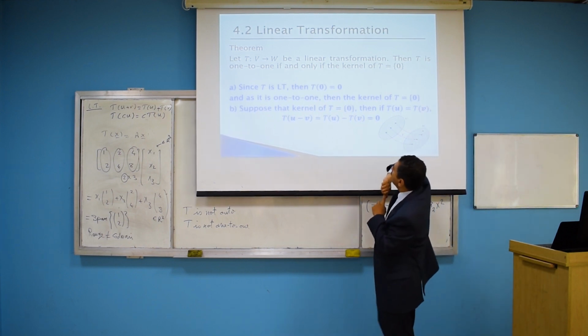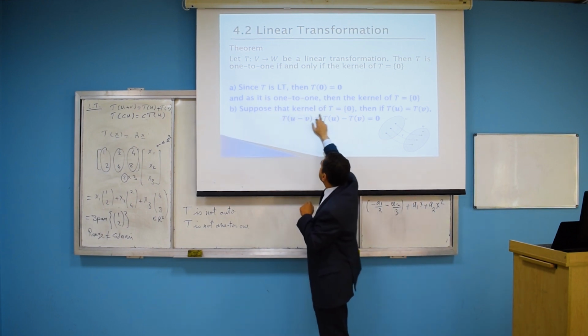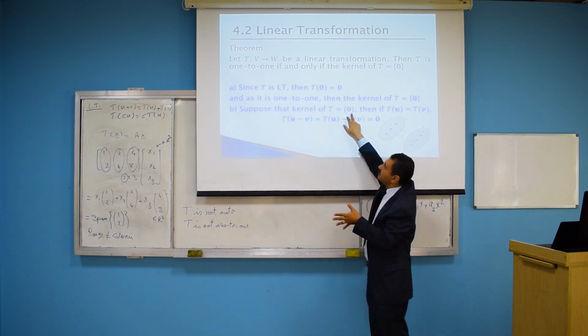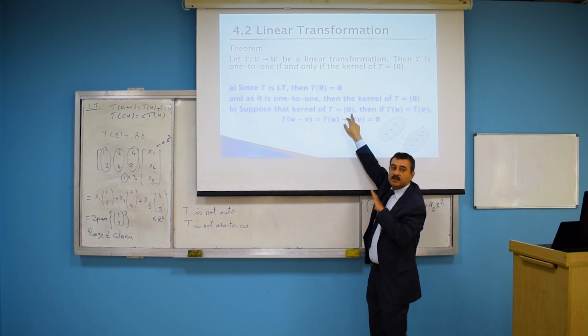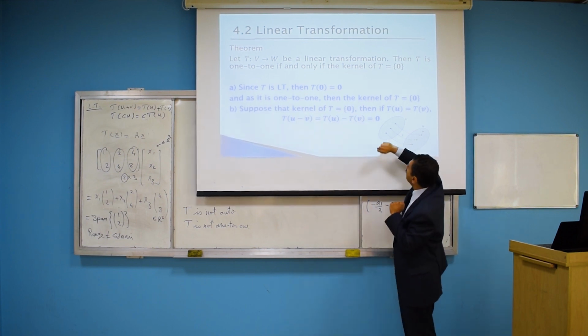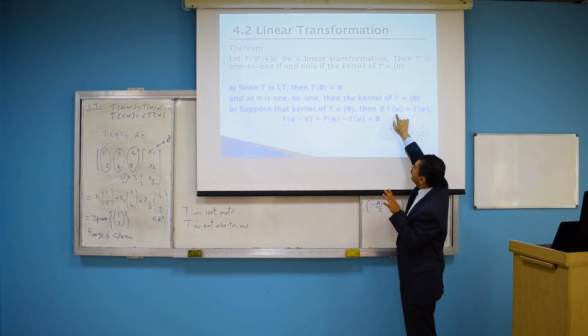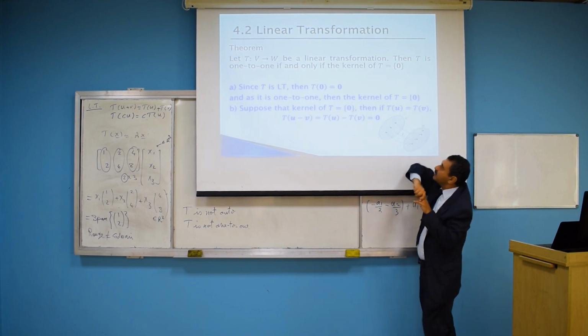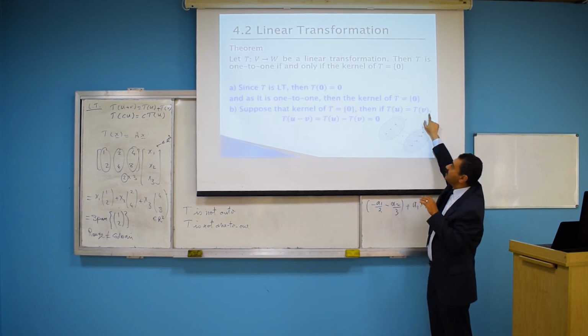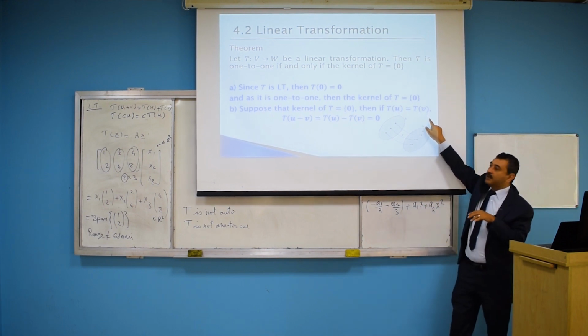The other way, suppose that the kernel of the transformation is the 0 vector, and we want to prove that the transformation is one-to-one. We prove it through this property. If T(u) equals T(v), I want to show that this must imply that u equals v.